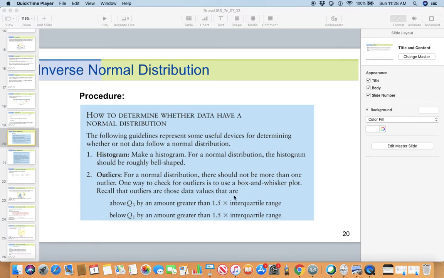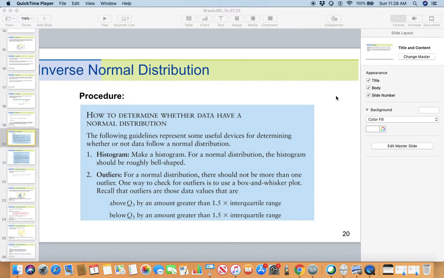Outliers are those data values that are above the third quartile by an amount of 1.5 times the interquartile range, or below the first quartile by an amount greater than 1.5 times the interquartile range.